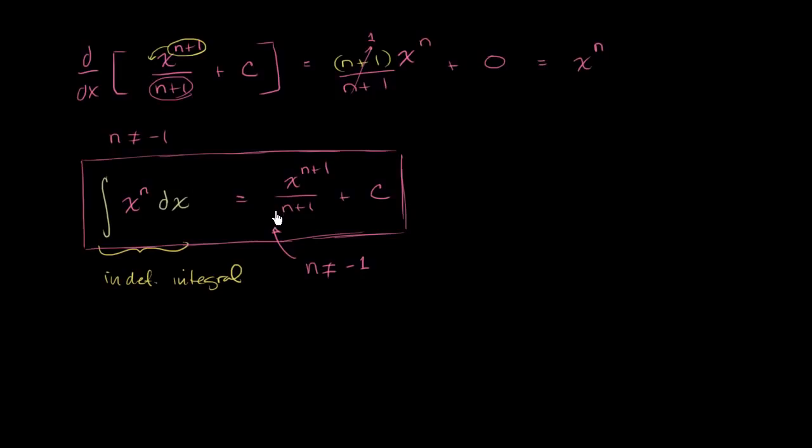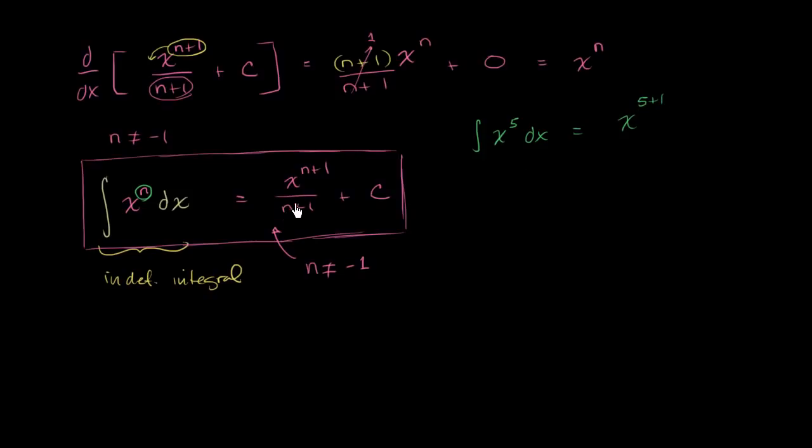So let's do a couple of examples just to apply this. You could call it the reverse power rule if you want, or the anti-power rule. So let's take the antiderivative of x to the 5th power. Well, all we have to say is, look, the 5 is equal to the n. We just have to increment the exponent by 1. So this is going to be equal to x to the 5 plus 1 power.